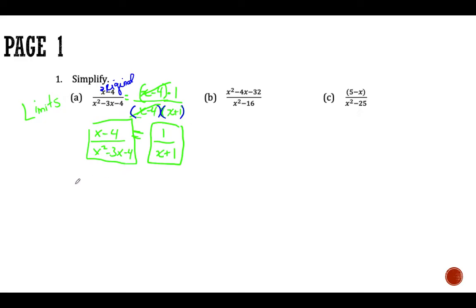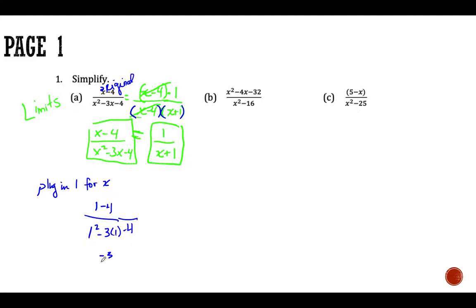So here's what I want you to do. I'm going to take the original and I'm going to plug in 1 for x. So if I plug in 1 for x, I get 1 minus 4 over 1 squared minus 3 times 1 minus 4. What do I get?